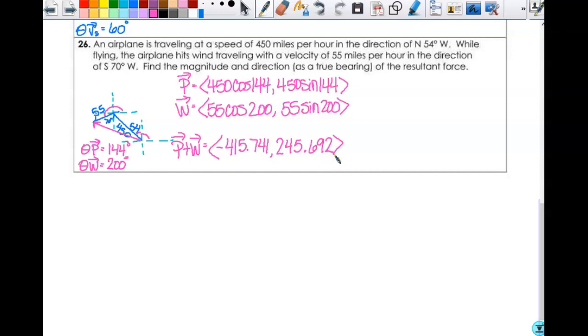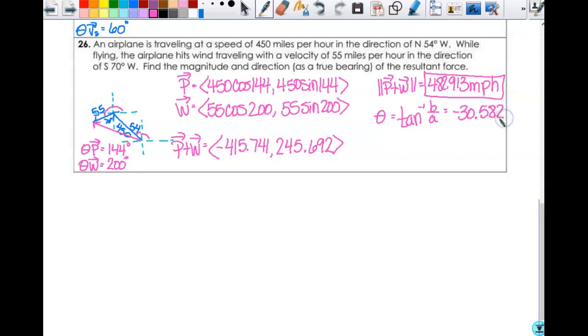So I would have the magnitude of the plane plus the wind. It's going to be the square root of a squared plus b squared, so that gives me 482.913 miles per hour. My angle, theta, is the tangent inverse of b over a, which the calculator gives me negative 30.582.